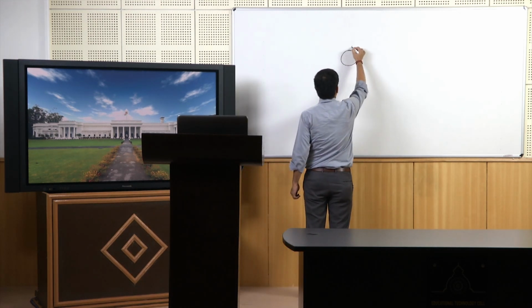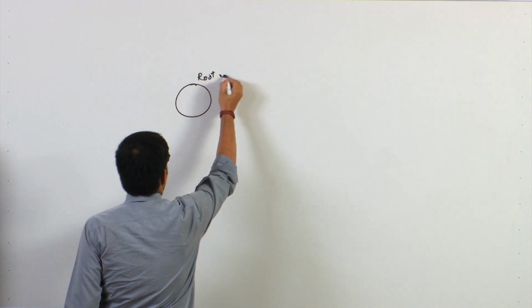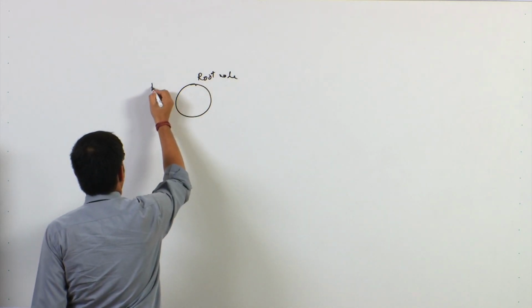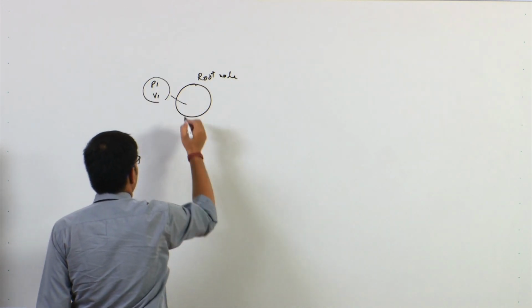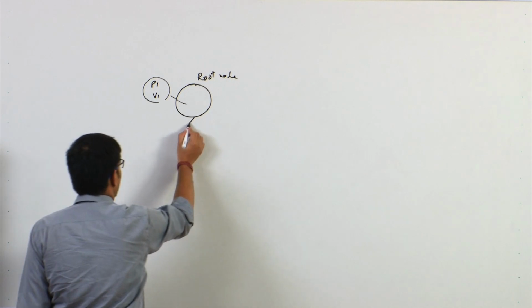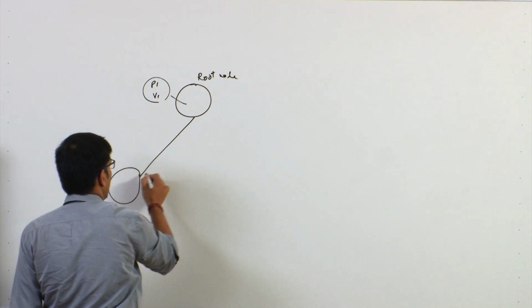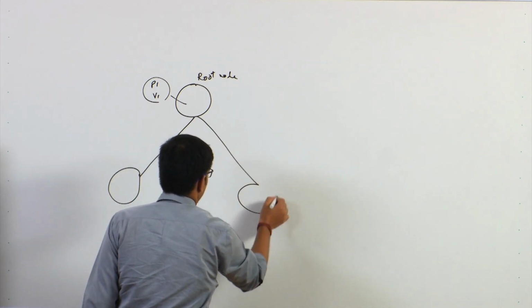is our root node, and in this root node we will have predictor 1 and value 1. So, a predictor value combination based on which the split would be performed. Some observations will fall in this part, other observations will fall in this part.